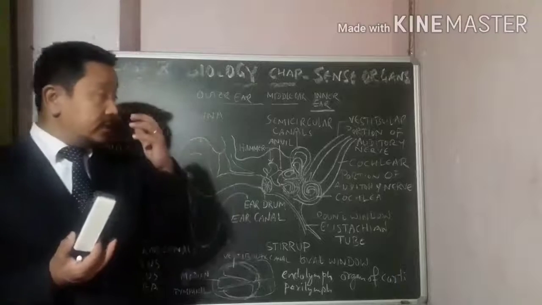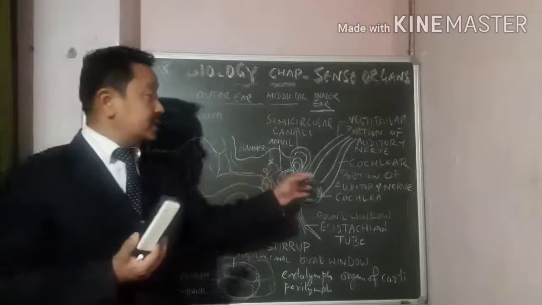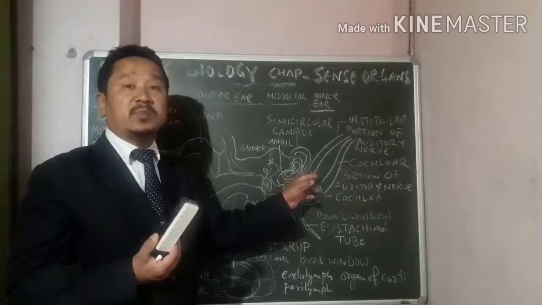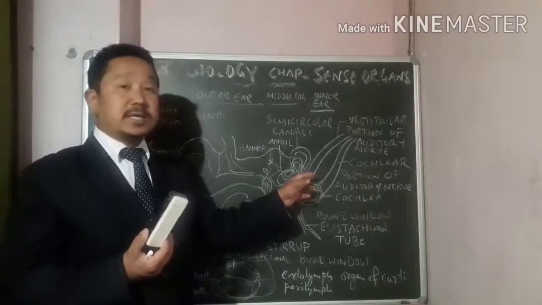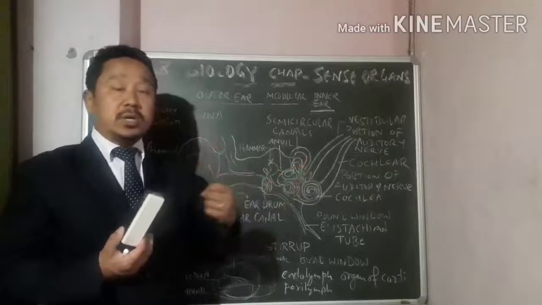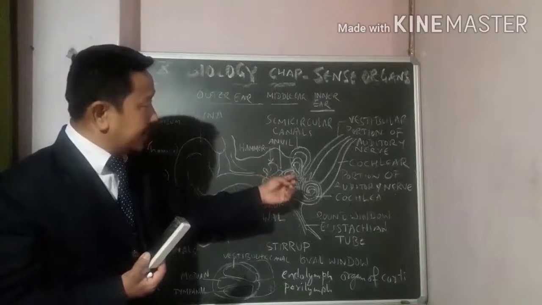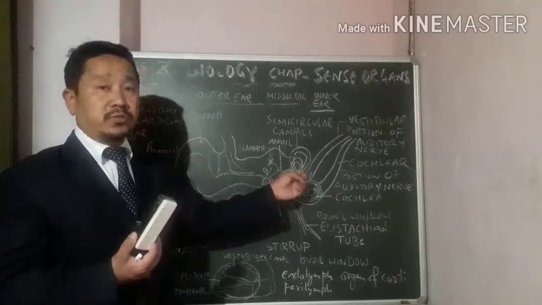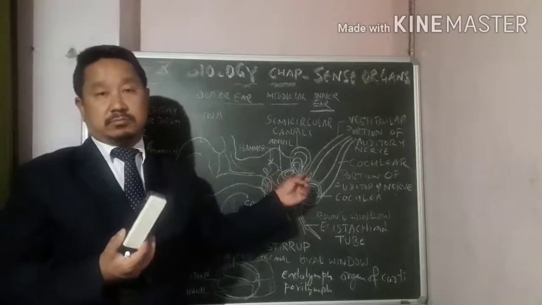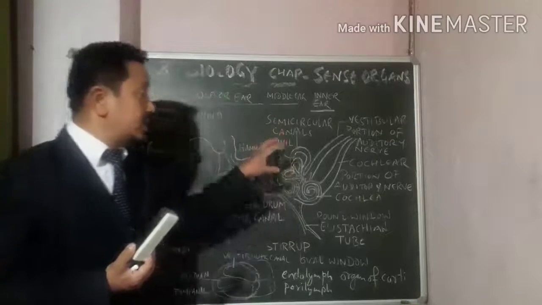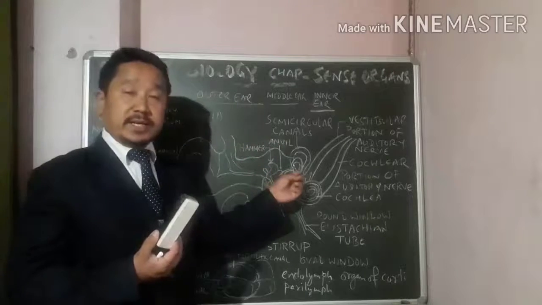So that time the balance is maintained by the sensory cells present in the ampulla out here. This ampulla is made by the end of each canal, which is widened at the base. So this is how the dynamic balance is maintained.